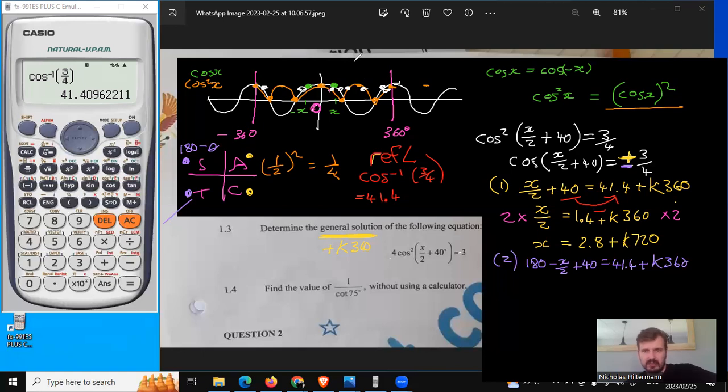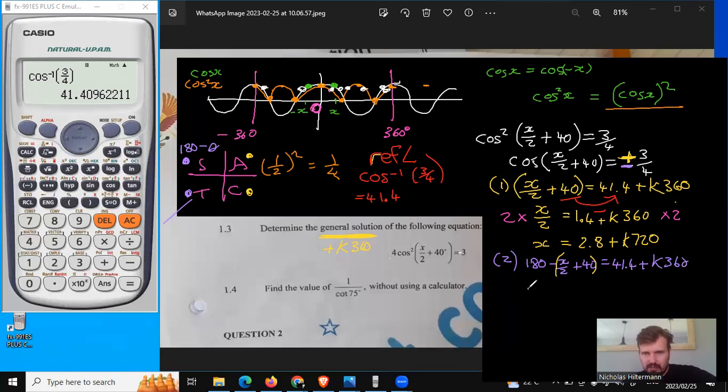Now, because I dealt with this here, I just need to put a bracket around it, because otherwise I'm going to end up with a plus 40 that's going to be wrong.